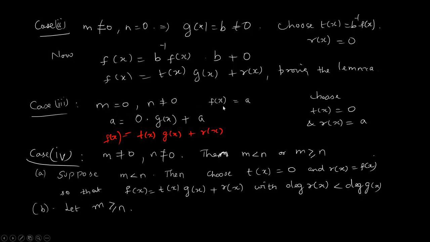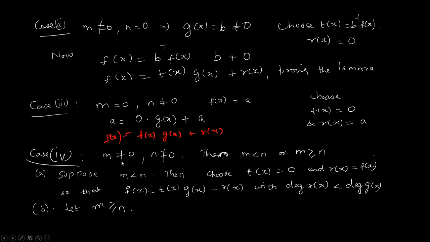Case 3: m is 0 and n not equal to 0. So f of x is a constant, say a. Even if it is 0 as said earlier, you will have this. So even in this case, you have f of x equal to t of x into g of x plus r of x by choosing t of x as 0 and r of x as a.